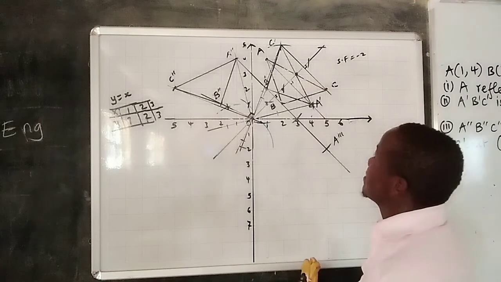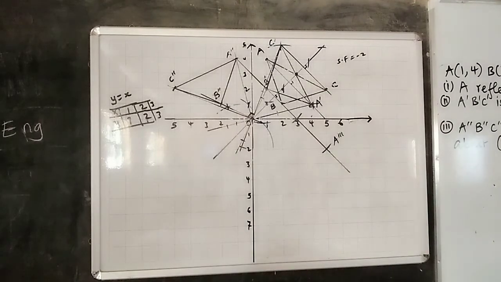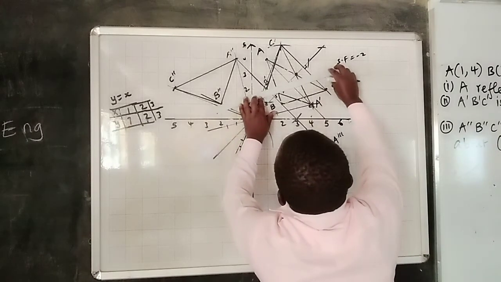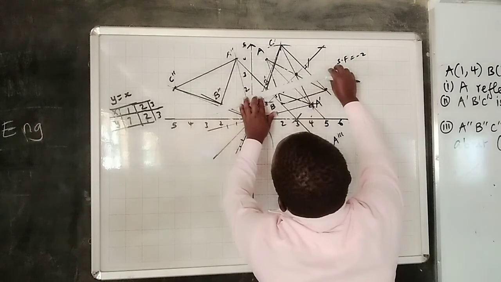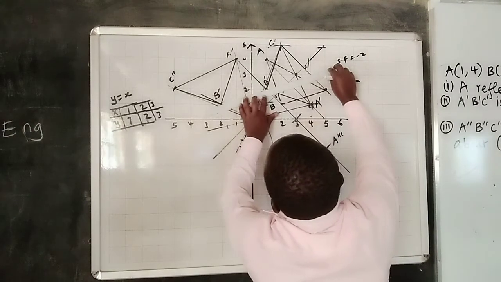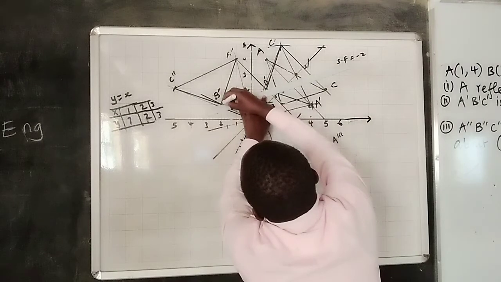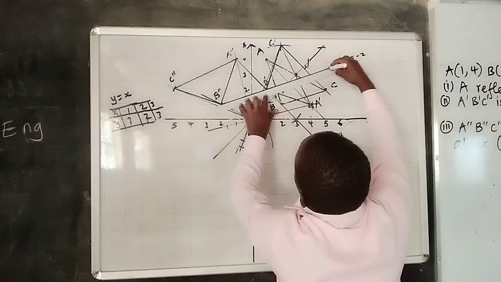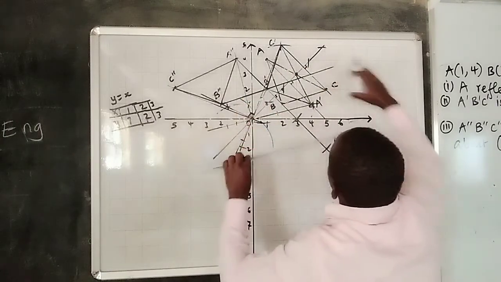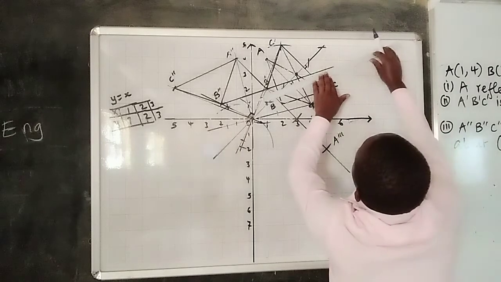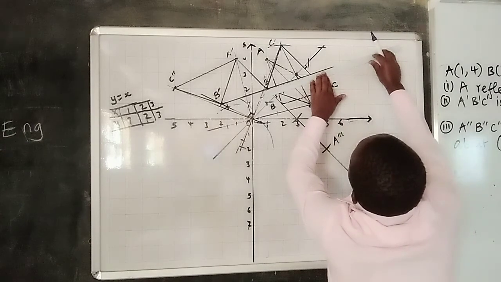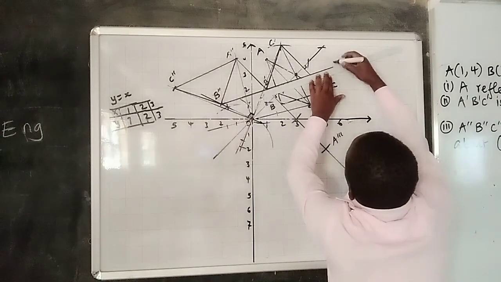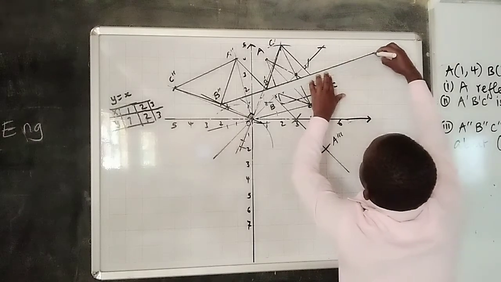Again, we connect B to the center of enlargement. Then from there you prolong on the other side. You can prolong as much as you can; prolonging cannot cause damage to your body.